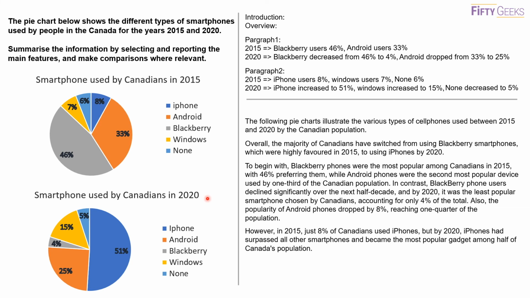Then I will explain the trend of Windows phones and those without phones. I will write, furthermore, in 2015, only 7% of Canadians used Windows phones, whereas 6% did not own any smartphones.